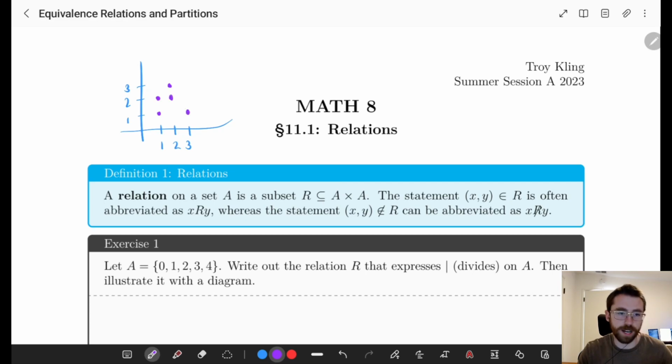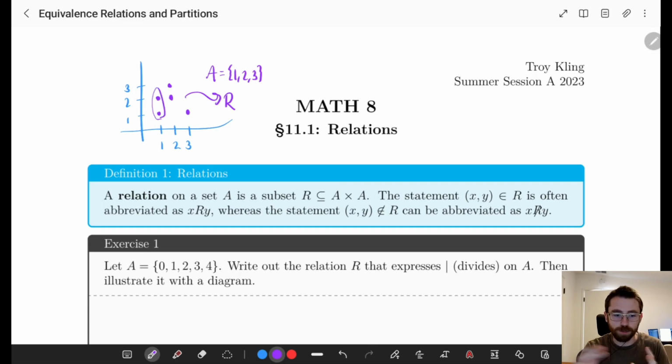So here's some random assortment of points in A cross A. A is the set 1, 2, 3. And these points constitute some relation which I could call R. In general, I think of relations as more general functions. This is not a function, of course, because functions can only have one y value for every x value.